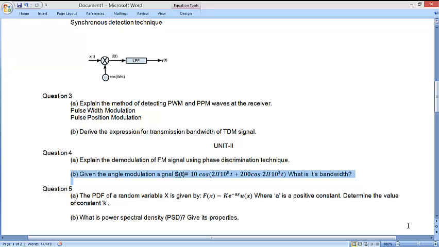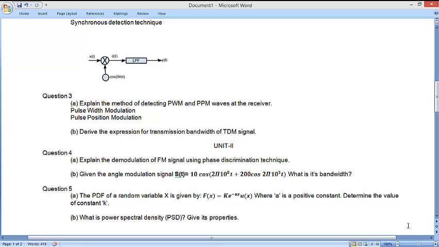You have to calculate the maximum frequency deviation, that is delta f, and as bandwidth is calculated from delta f and fm, that is the modulating frequency, it will be easier to calculate the bandwidth using the values that we have in the expression.